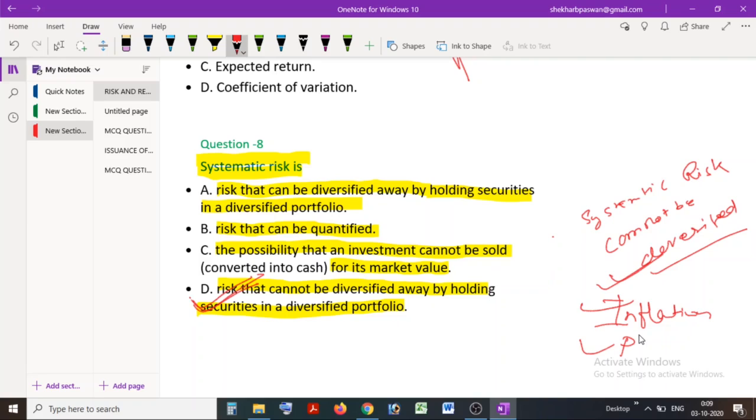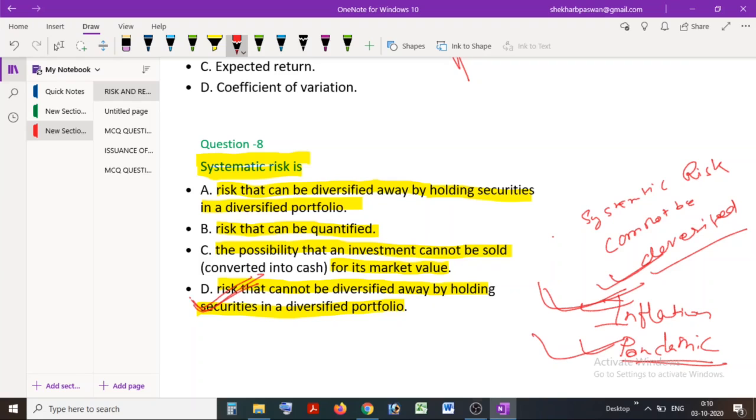Even now, as I'm recording this video, you can see a huge difference between the current market price and the price one year back, just because of this pandemic. So these are risks which we cannot diversify. They are faced by the organization even if we have the most diversified portfolio. So this is systematic risk.